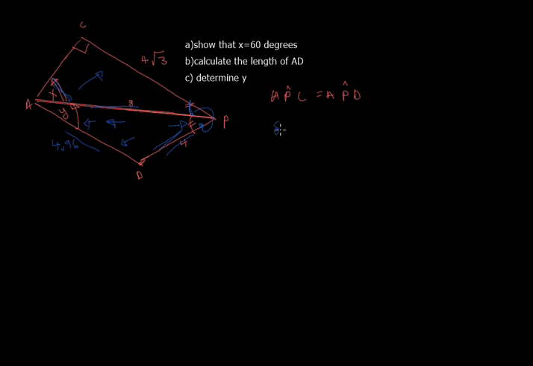So this is sine of y over 4 equals sine of A over 4.96. We could multiply both sides by 4.